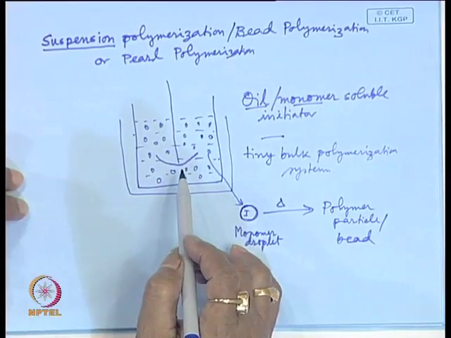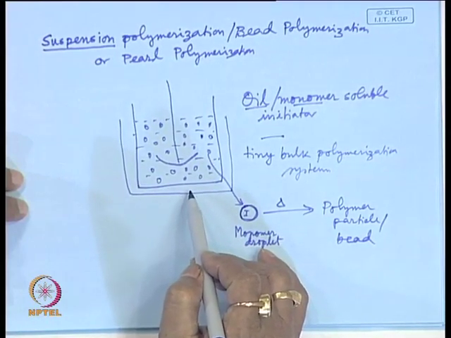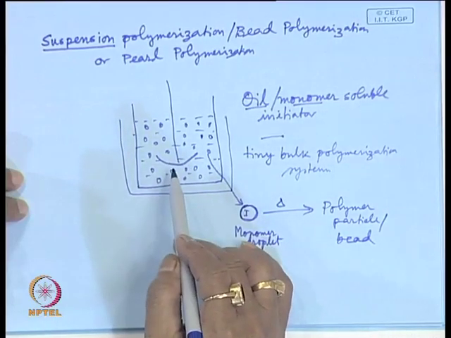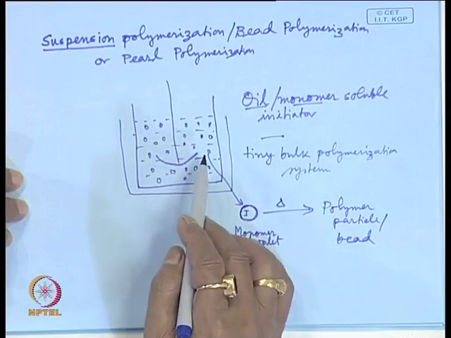Once it forms smaller droplets, if those droplets are surrounded by something which prevents coalescence, the merging of individual droplets to form a layer again, then it will maintain the suspension of the droplets within the aqueous phase. After supplying heat, all the droplets will start polymerization inside the droplet by the initiator.